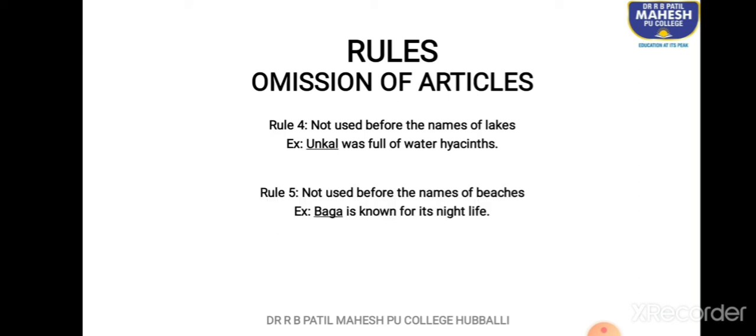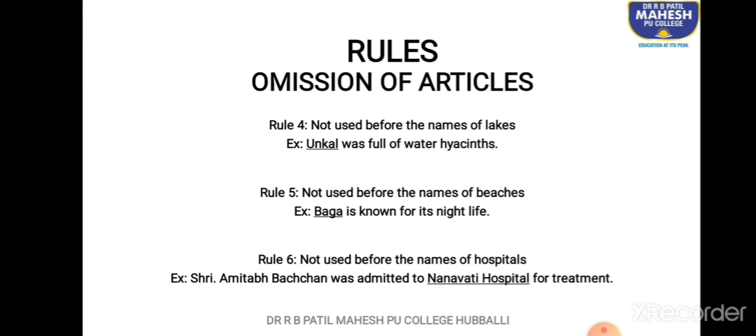Rule number 5: no article is used before the names of beaches. Baga is known for its nightlife. Anjuna is known for its serenity, etc. Rule number 6: no article is used before the names of hospitals.